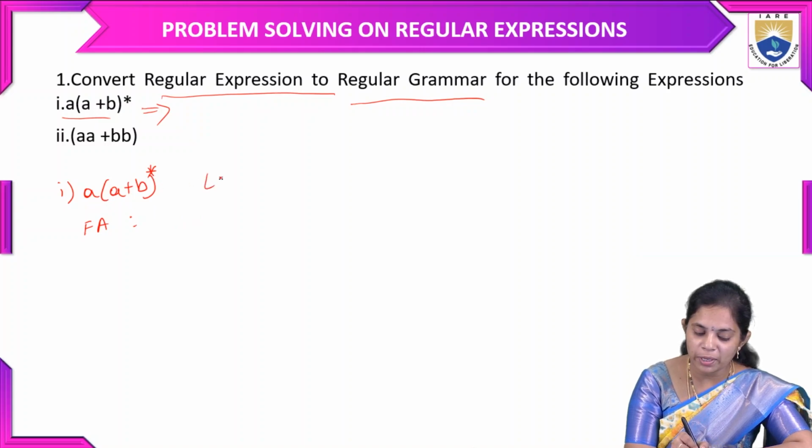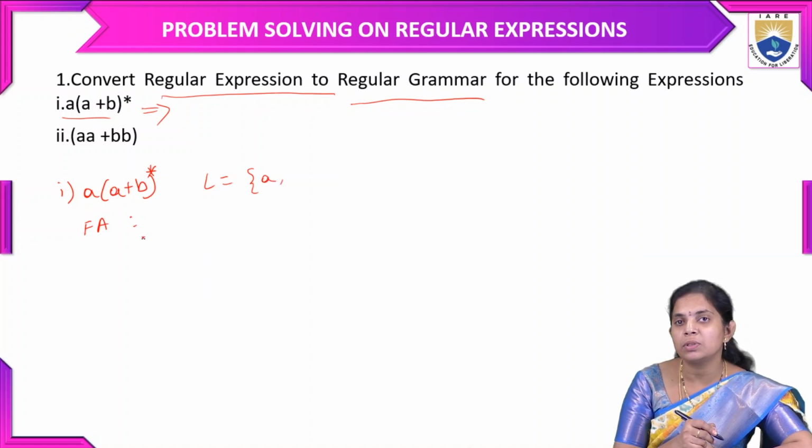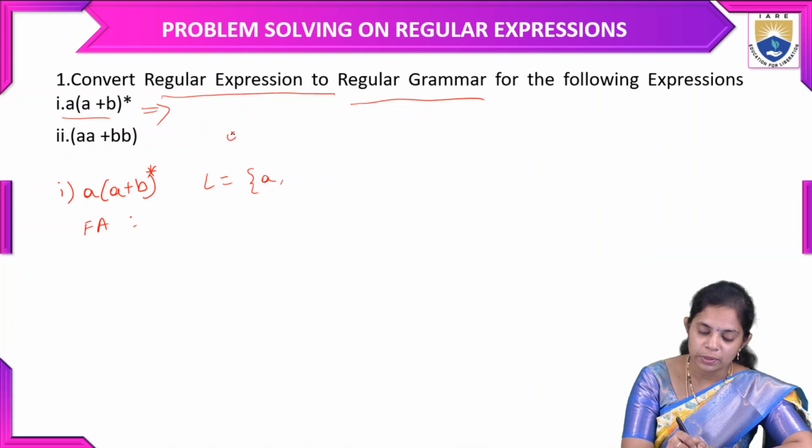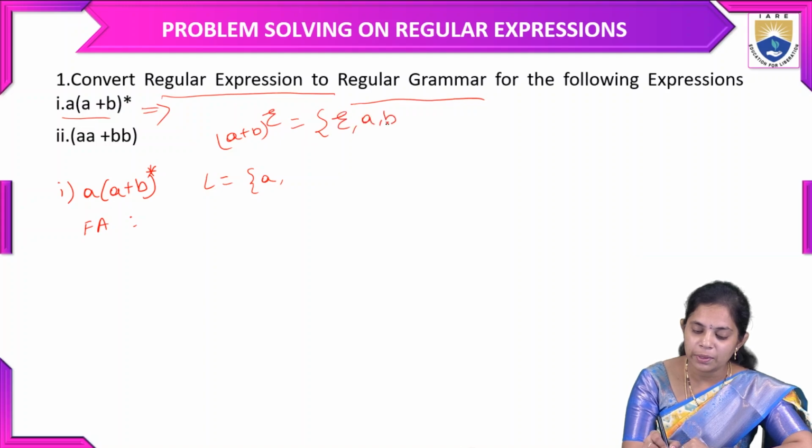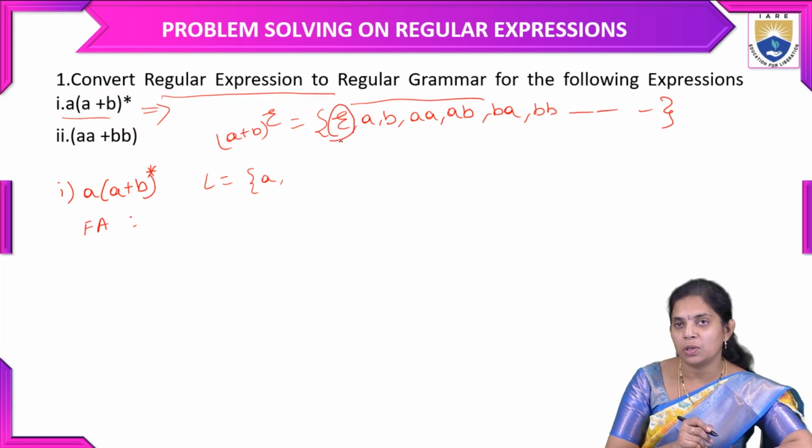If you elaborate the language, it is (a+b)* expression language: epsilon, a, b, and aa, ab, ba, bb, and so on. So the first element is epsilon.